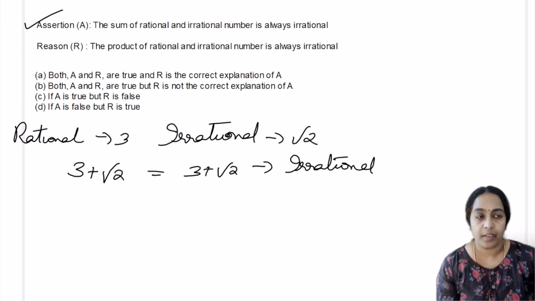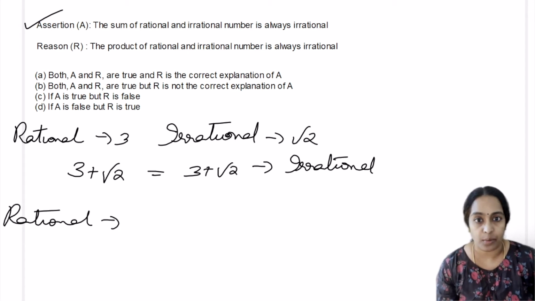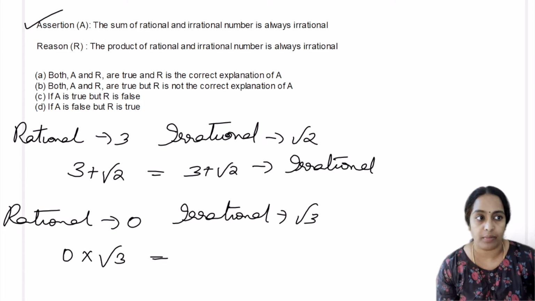It's true. Reason statement: product of rational and irrational number is always irrational. So rational number, let's say 0. 0 is also a rational number. So let's take 0. Irrational number, root 3. So when you find the product of 0 and root 3, what do you get? 0 into root 3 will be 0. Is 0 an irrational number, children? No. The reason statement says it should be always irrational. But we are getting 0 in this case, which is a rational number.